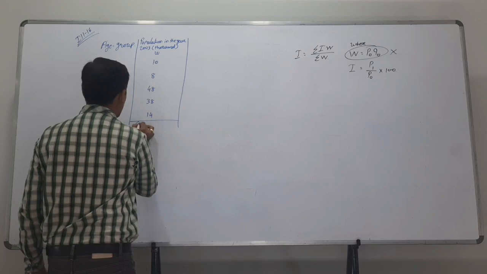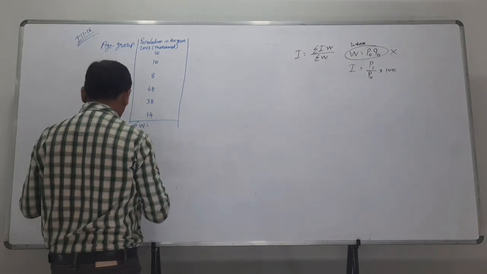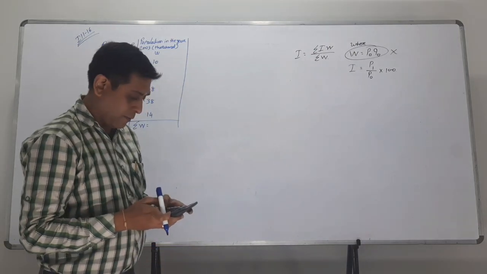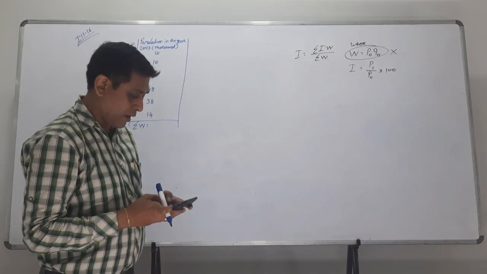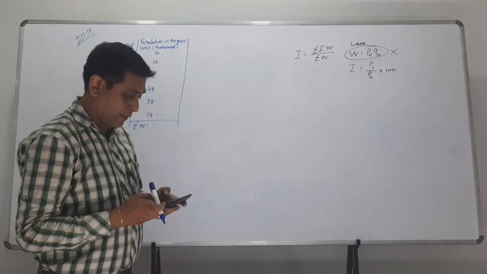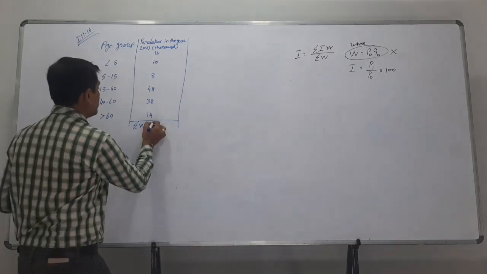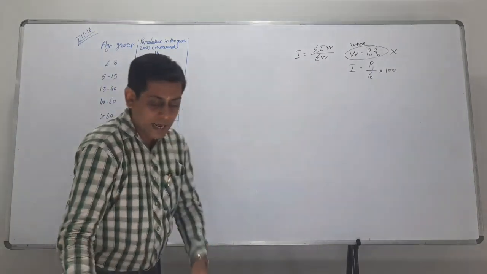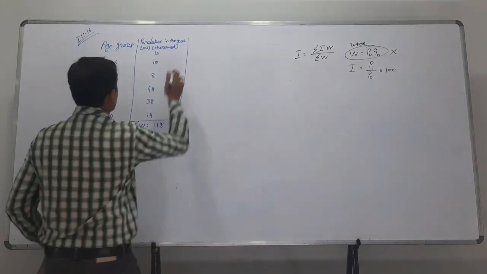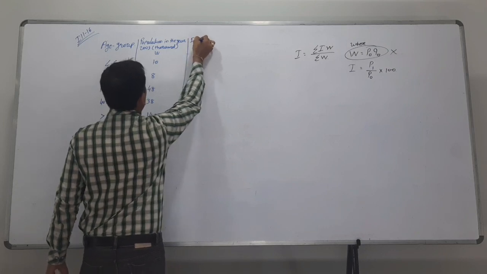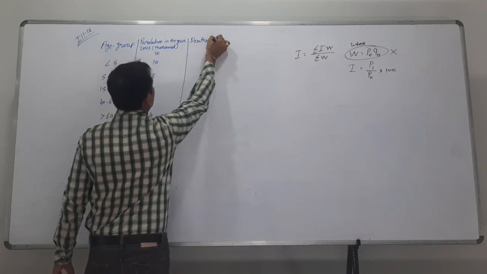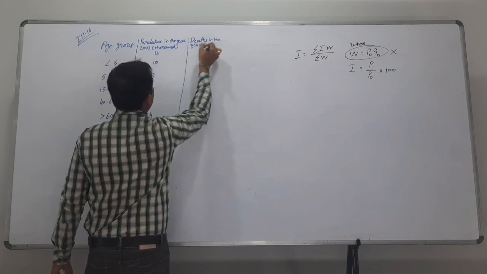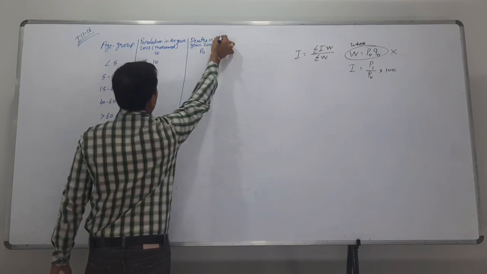So what is the total? That is, what is sigma W? Find out the total here. 10 plus 8 plus 48 plus 38 plus 14, that is 118, your sigma W. Now deaths in the year 2003, this is your P0.